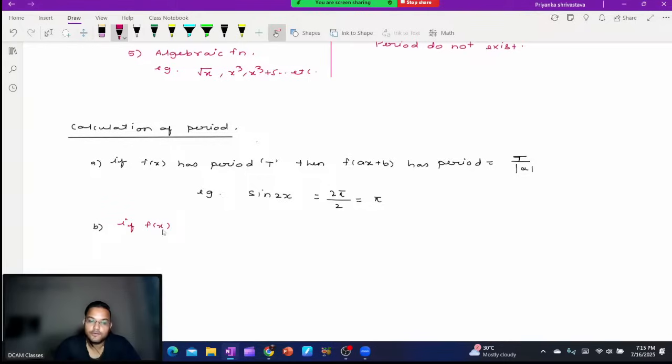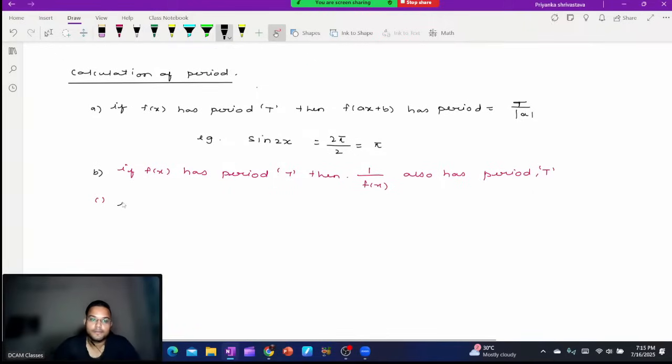If f of x has period T, then 1 by f of x also has period T only. The period does not change if you take the reciprocal. If f of x has period T, then root f of x also has period T only.